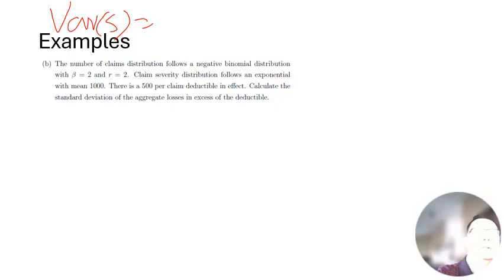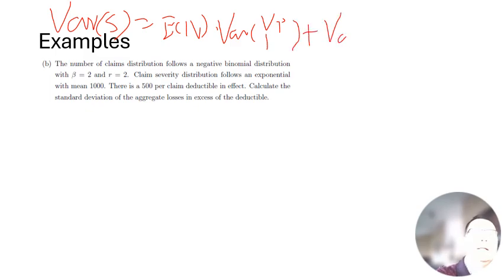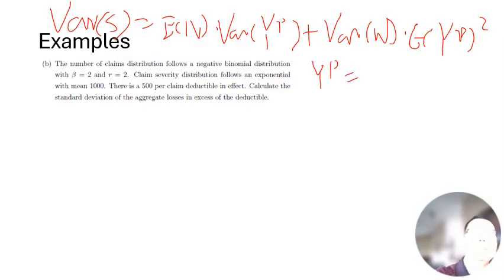VAR S equal EM times VAR YP plus VAR M times E[YP] square. This here YP is the payment. Remember, it's only paid when it's more than deductible D.